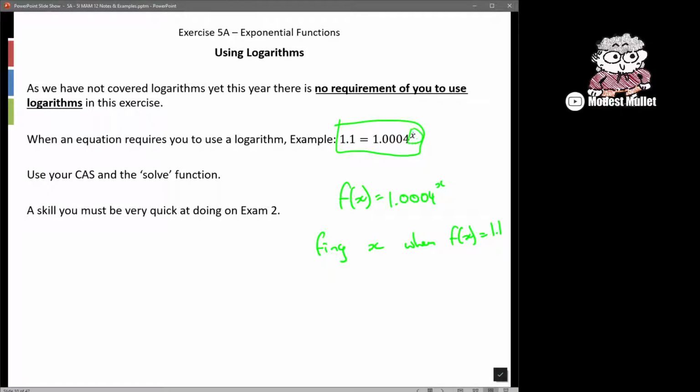Well, how do we get the x by itself? What's the algebra that we do to do that? Well, it's logarithms, but we haven't done it yet. So at the moment, just use the solve function on your CAS. If for some reason you need to do that, or you're trying to figure out an intercept, that's where this will probably come up when you're trying to find the x value. Just use solve, and that's a really good thing to do anyway, because you want to get efficient at it for exam 2.